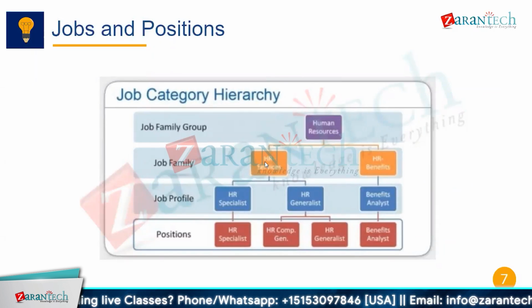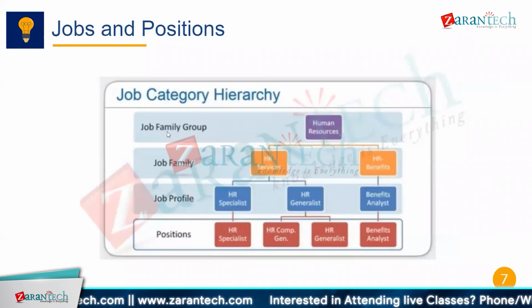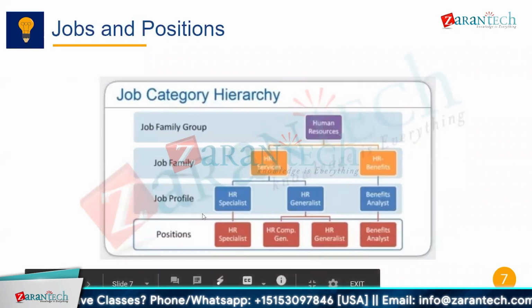In the Workday job category hierarchy, you have what's called a job family group, and then underneath that job family group, you have what's called a job family. Then you have job profile, and then you have positions, which are built on job profiles.